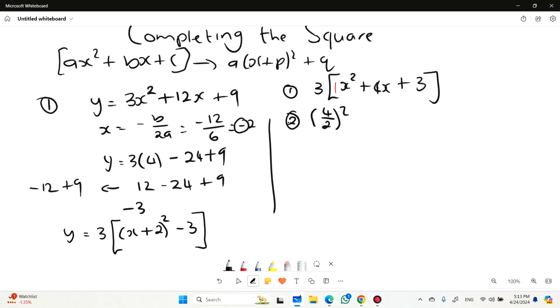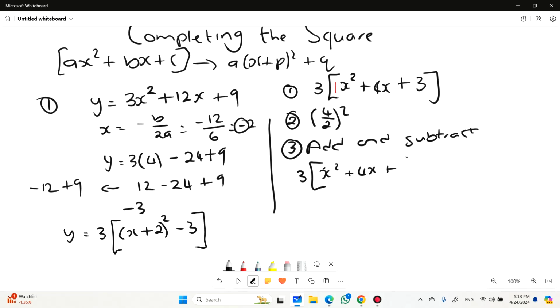Now that I've done that, the next step is to add and subtract that number. So I'll have 3 times x squared plus 4x plus 4 over 2 squared plus 3 minus 4 over 2 squared.